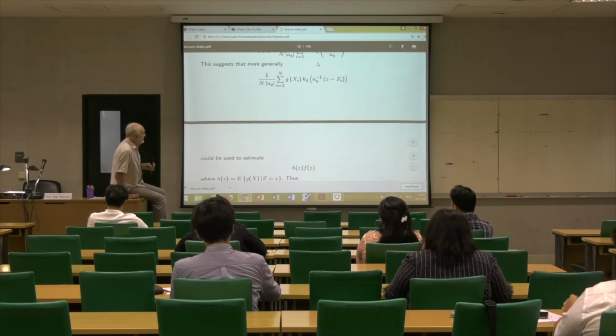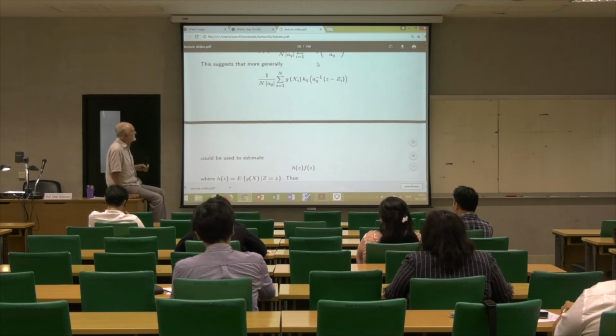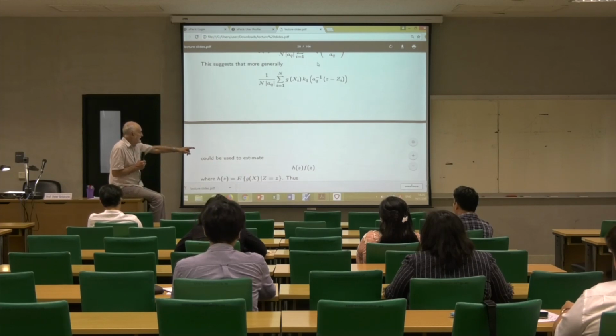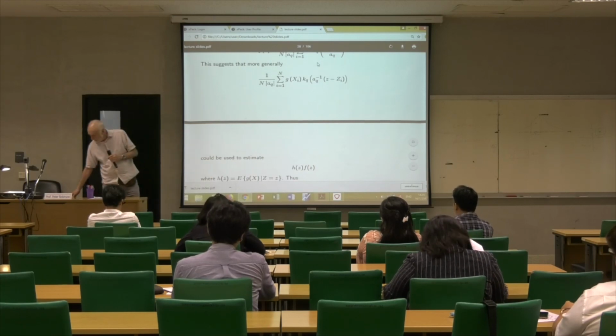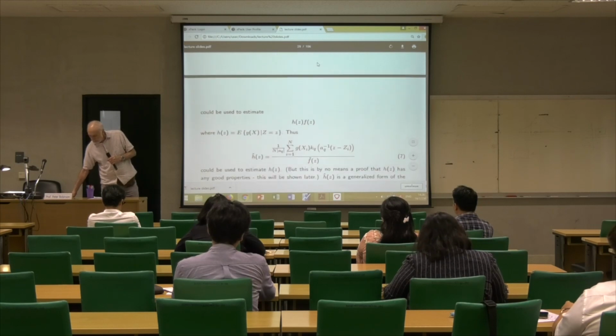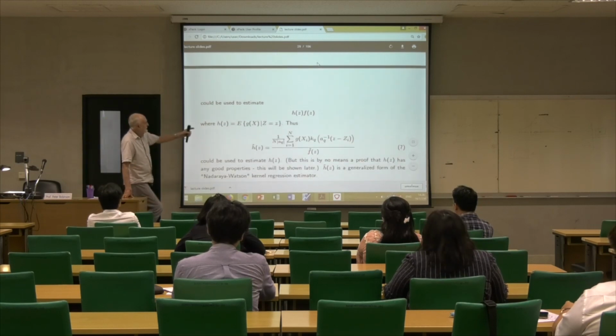So anyway, by the same argument, you could say that this quantity could be used to estimate h of z times f of z, where h of z is the conditional expectation of g given z.